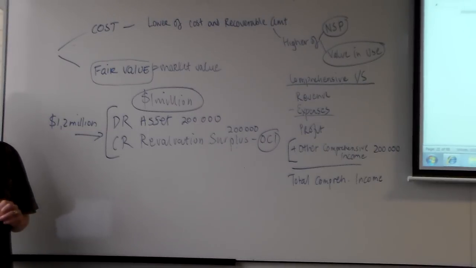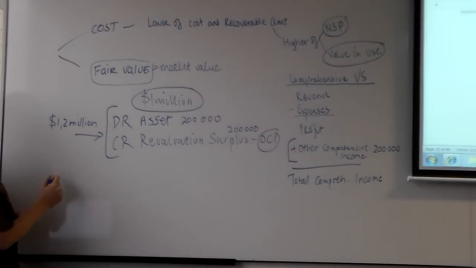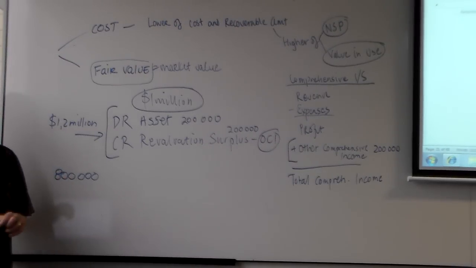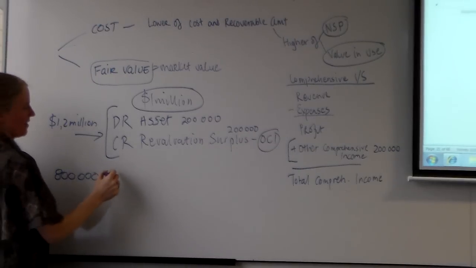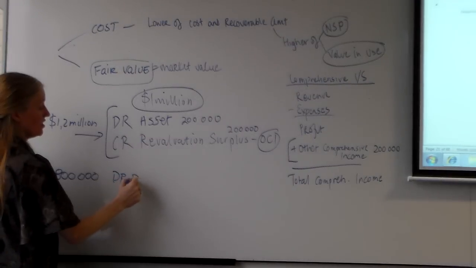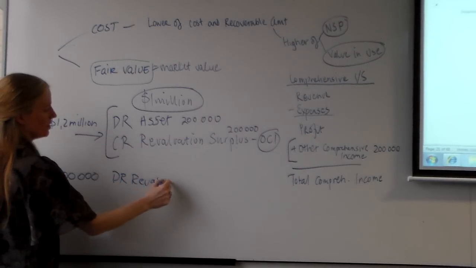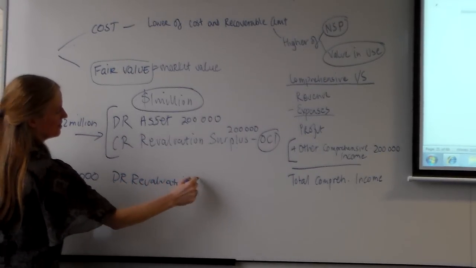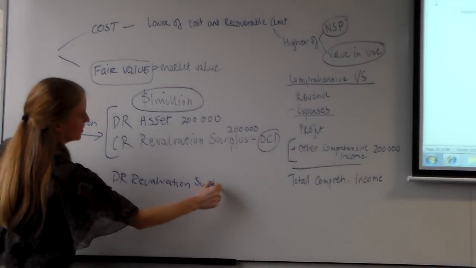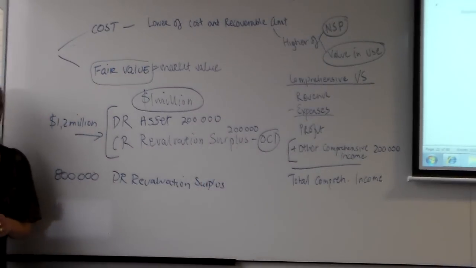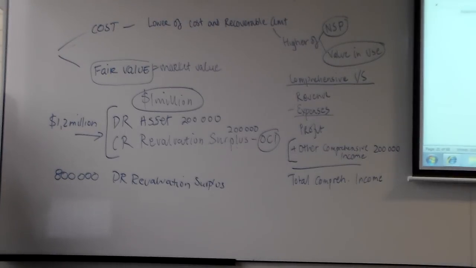If we find the following year it's actually gone down to 800,000, what are we going to do then? Debit revaluation surplus with how much? 200. Why surplus? Why would we call it surplus? Revaluation reserve or revaluation surplus.